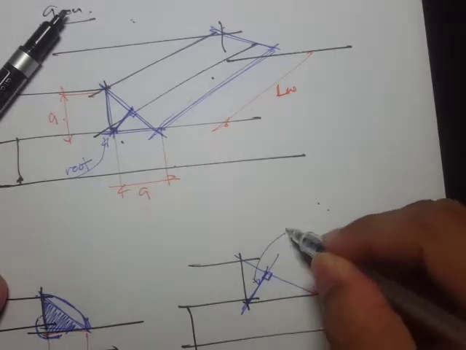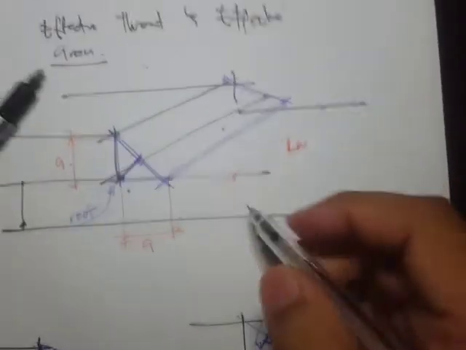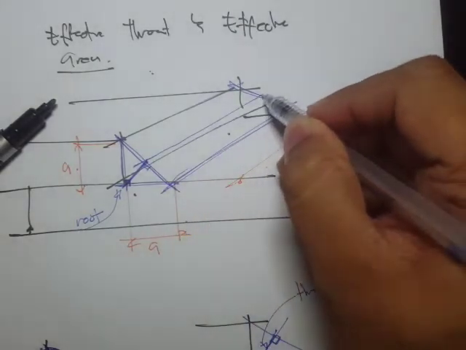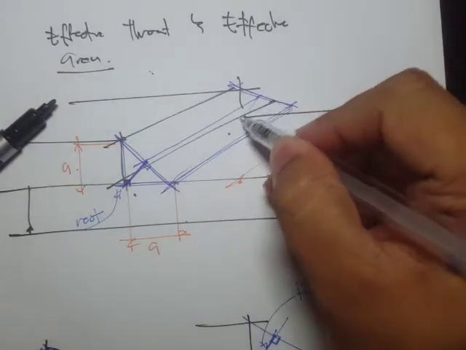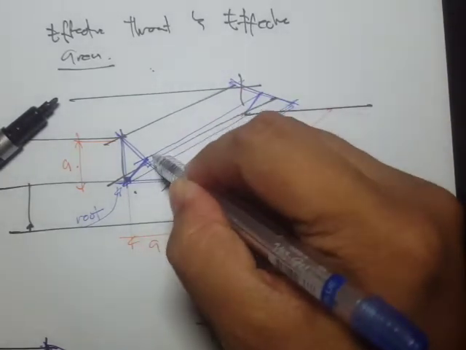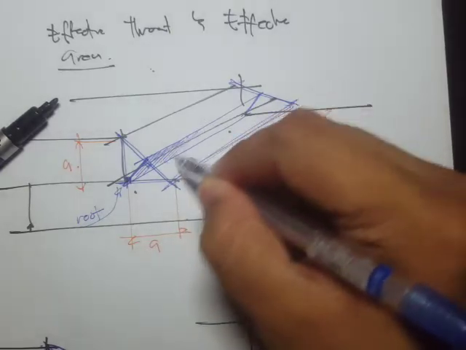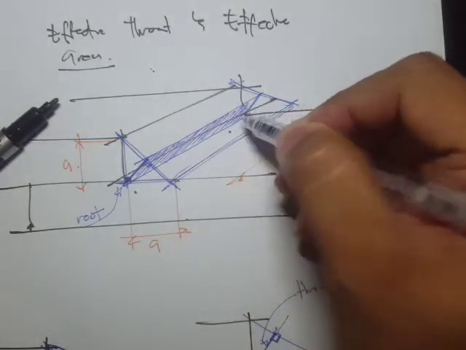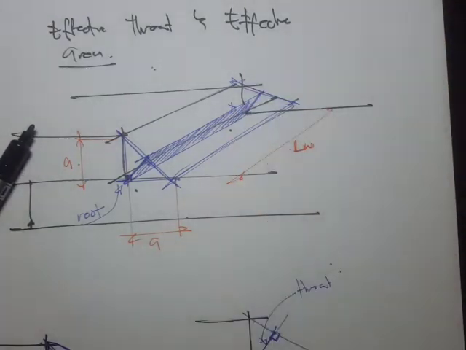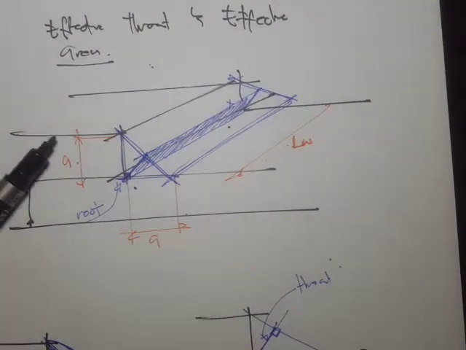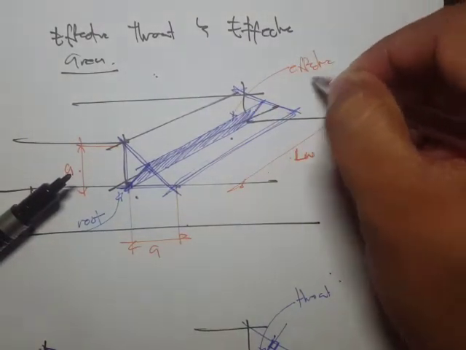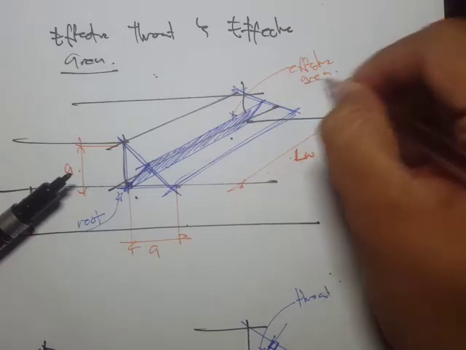Okay, so this is the throat, and the area, if we multiply the throat to this length, then we get an area. Okay, so this is the shaded area, and this is the effective area for carrying the loads.